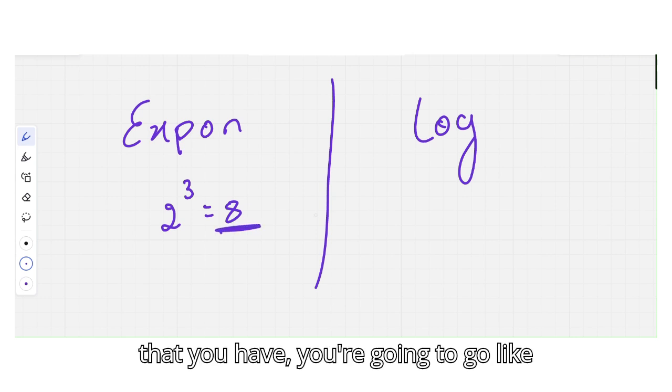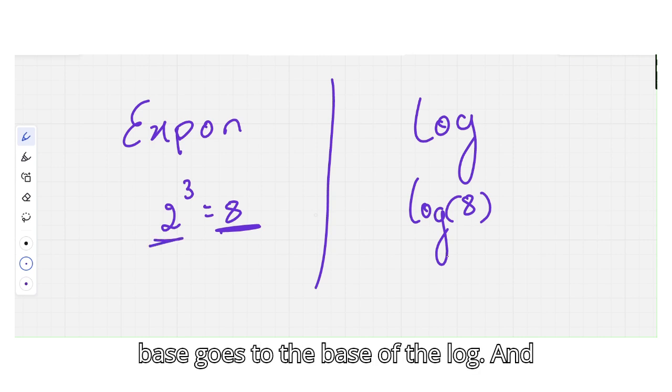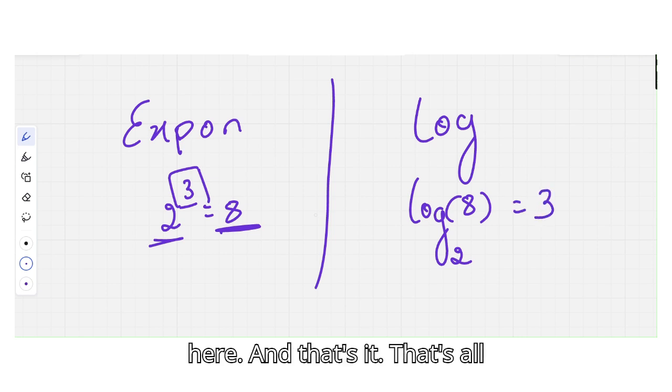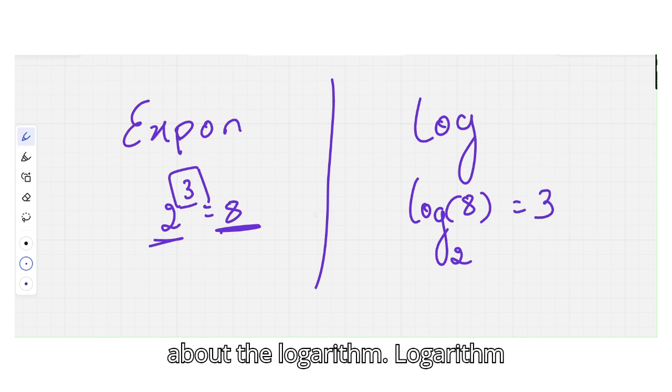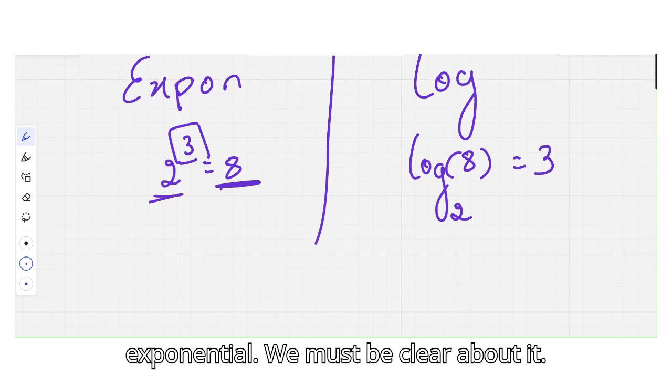Whatever the solution is goes here in this place, the base goes to the base of the log, and whatever the power is will be the solution here. And that's it. That's all about the logarithm. Logarithm is just another way of writing the exponential. We must be clear about it.